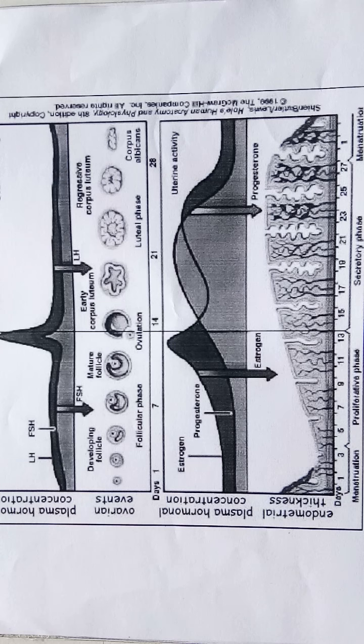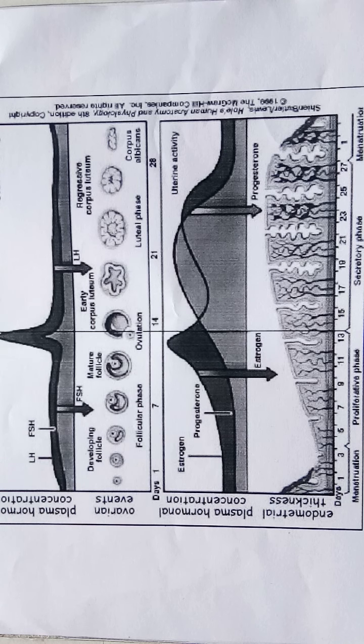Ovulatory phase takes place in one of the two ovaries. This phase lasts about 1 day and it occurs on the 14th day of the menstrual cycle. It involves rupturing of the mature Graafian follicle and release of the ovum, which is a secondary oocyte, into the pelvic cavity.